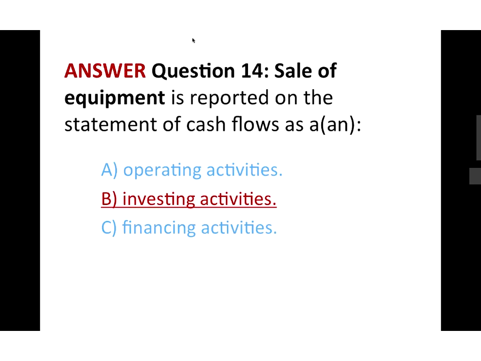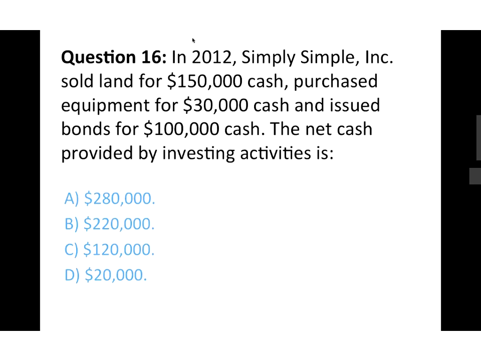Okay, let's see what's the next one. So investing activities, we just said investing activities are anything to do with long-term assets. Long-term assets are equipment, land, buildings. So those are investing activities.